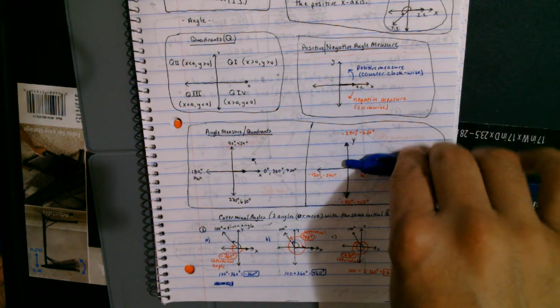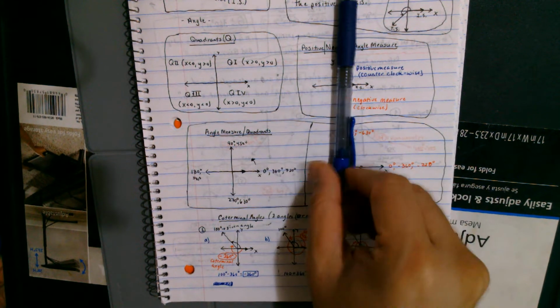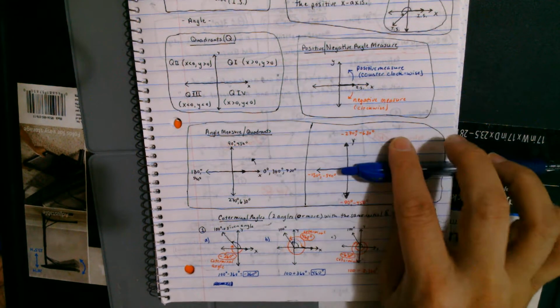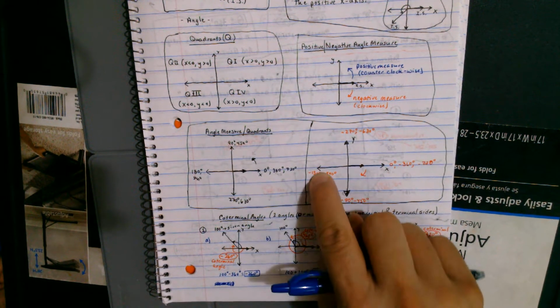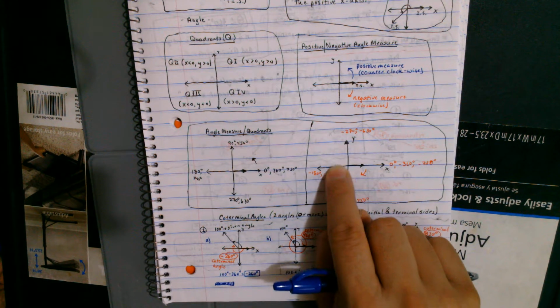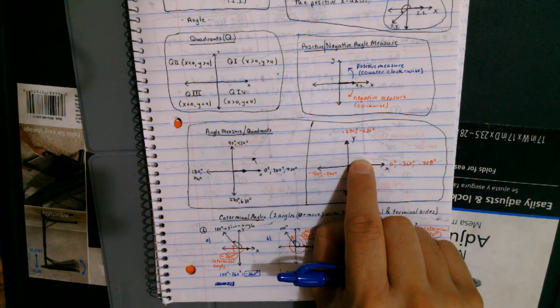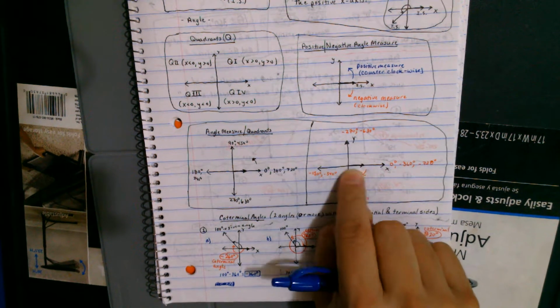You're going with the clock, so you're going down here as 90, 180, 270, and 360. But because we're going with the clock, they're negatives. Negative 90, negative 180, negative 270, negative 360, negative 450, negative 540, negative 630, negative 720, negative 810, negative 900, and so on. You spin every time at negative by increments of 90 degrees, essentially.